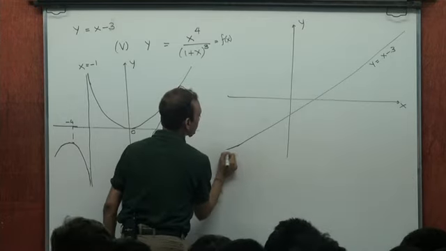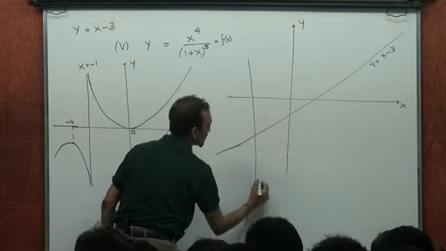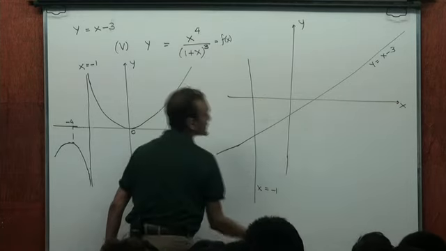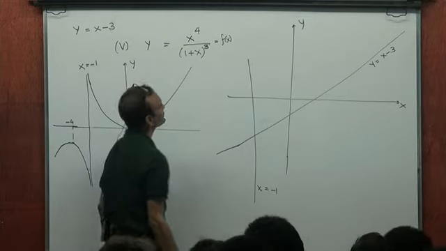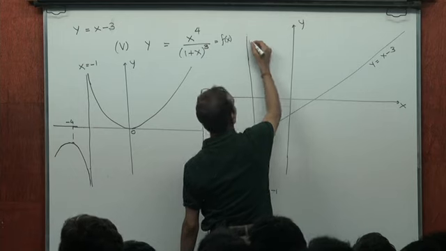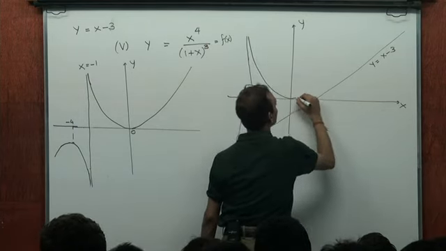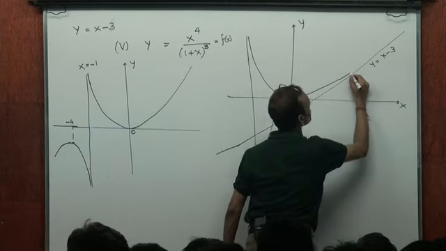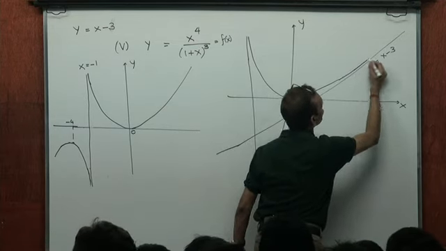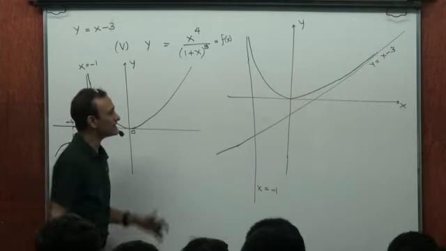There is a vertical asymptote, which is x equal to minus 1. Everything else remains the same, we will not redo our calculations. Let me draw the curve. It's going this way, beautifully merging with y equal to x minus 3 in the long run.